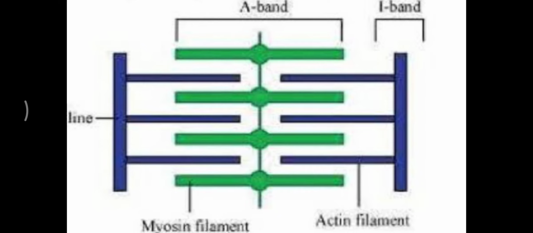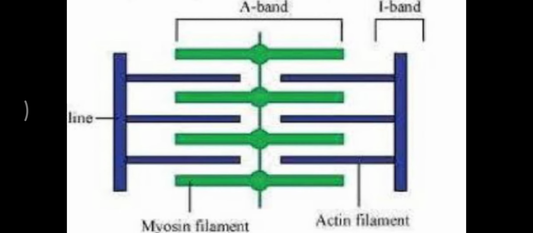This is the structure of the sarcomere, which shows you the I band, the Z line, the A band, and the zone in between the two Z lines is known as the sarcomere. In the resting stage, the edges of the thin filaments overlap the sides of the thick filaments.